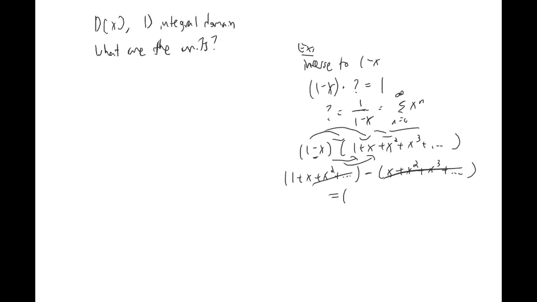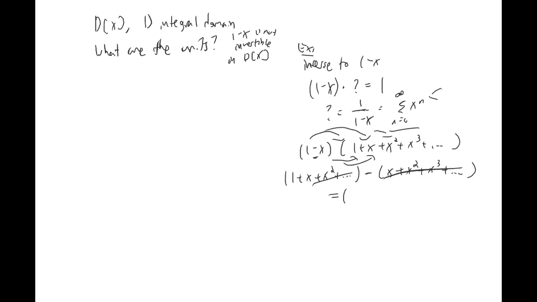So you sort of see that this is the inverse, but it's not a polynomial, right? An example would be that 1 minus x is not invertible in D[x], right? Because the inverse is not a polynomial.